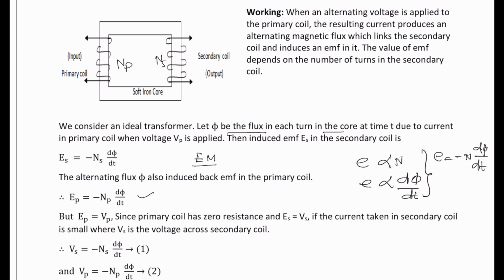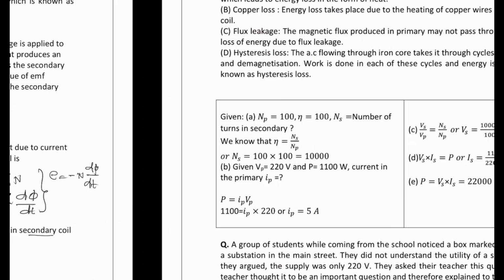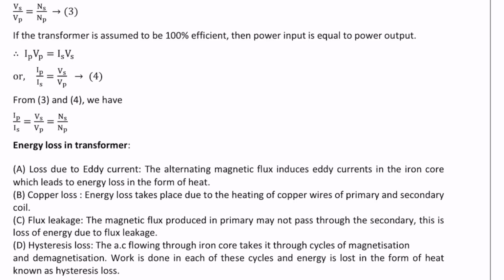Ep is equal to Vp, since the primary coil has zero resistance, and Es is equal to Vs, if the current taken in the secondary coil is small. Vs is the voltage across the secondary coil. If we divide these two, Vs by Vp, the voltage across the secondary by the voltage across the primary, is simply the ratio of the number of turns.